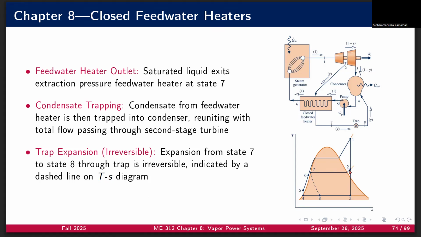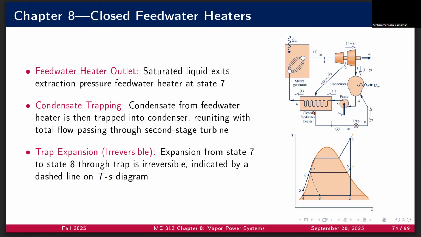You see the pressure is the same because this is basically the same stream here, and this is another stream within this shell. So the pressure at state 2 is equal to the pressure at state 7. Here, the heat transfer is assumed ideal in our analysis.